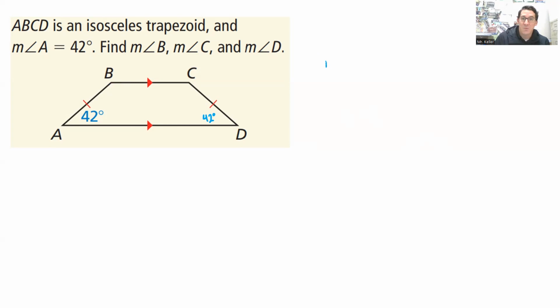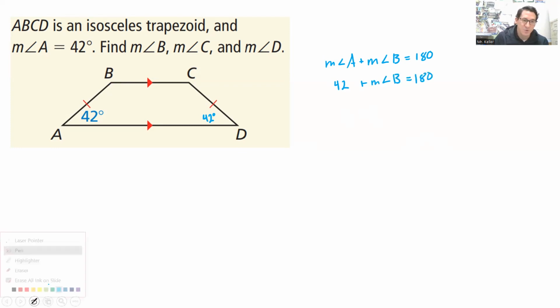So just like we said last time, the other base angles are congruent. So angle A plus the measure of angle B adds up to 180. And we know angle A is 42 degrees. So to find the measure of angle B, we are just going to subtract from 180.